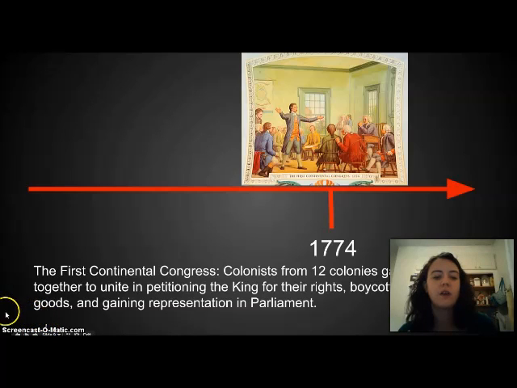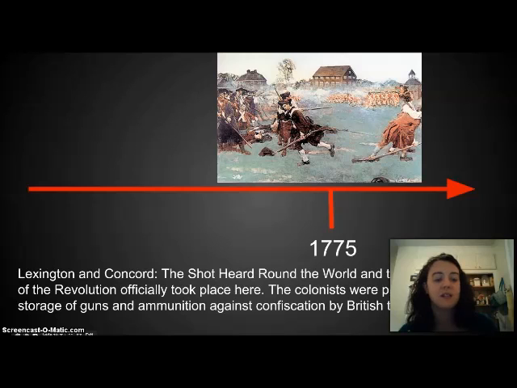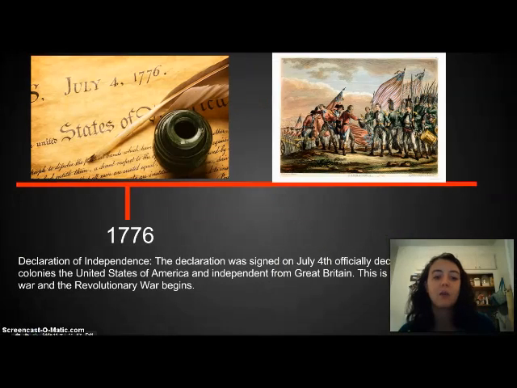Colonists from 12 of the colonies gathered together to unite in petitioning the king for their rights, boycotting British goods, and gaining representation in Parliament. That was their goal. After that, we have war begins. We're going to talk about this when we come back from the break, and we are also going to talk about the Declaration of Independence.